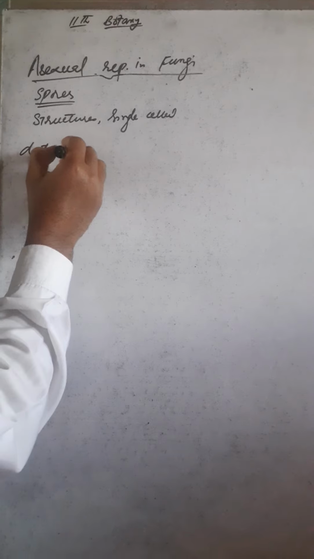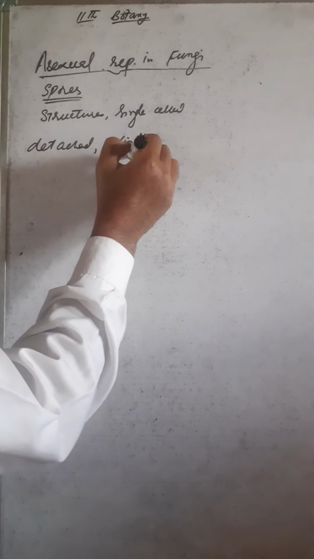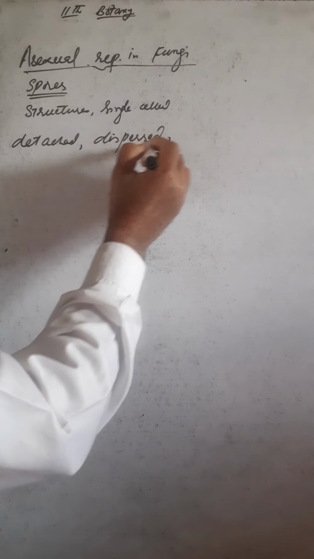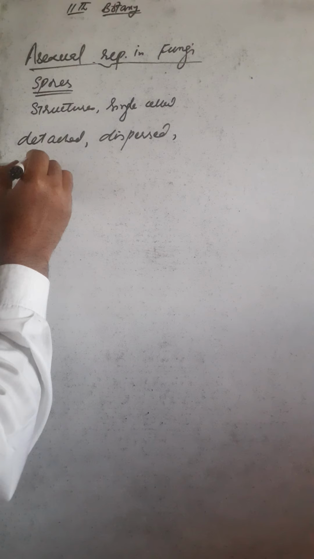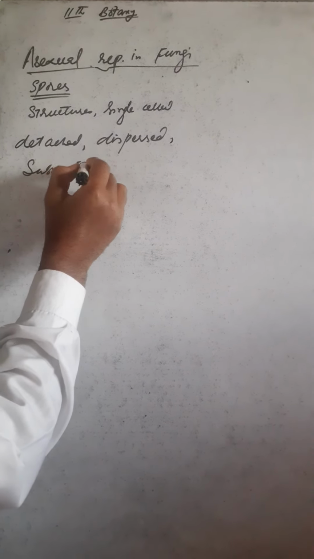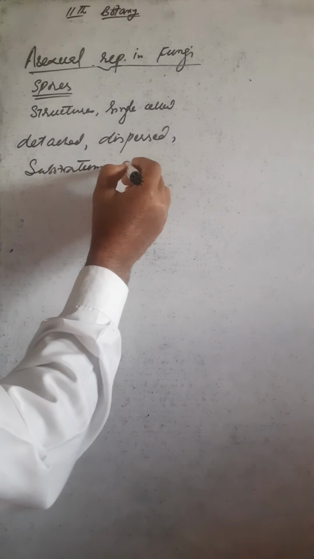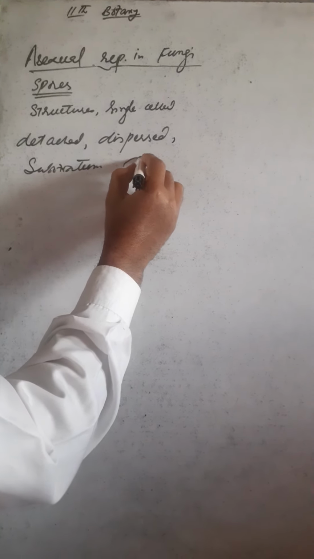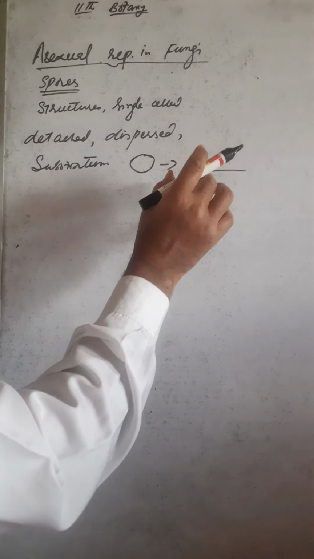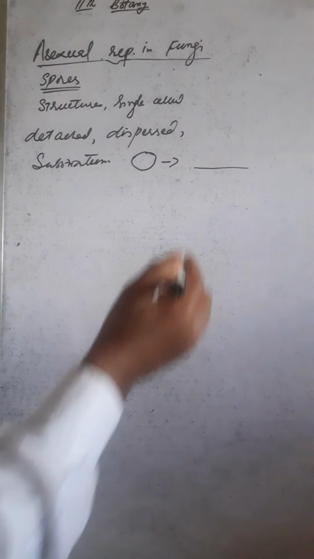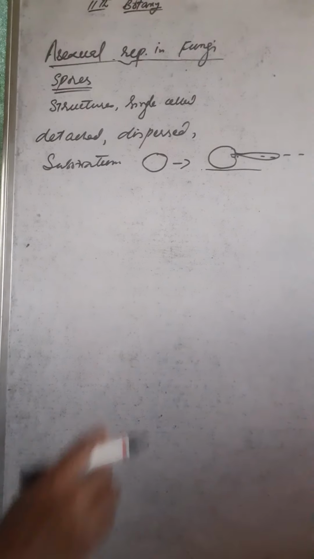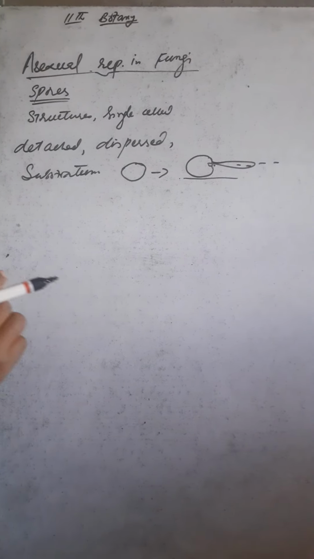They get detached first, then dispersed, and on reaching the suitable substratum conditions, they germinate. When a spore reaches the proper substratum, it germinates there, absorbs moisture and produces the new parent body, the adult parent body.